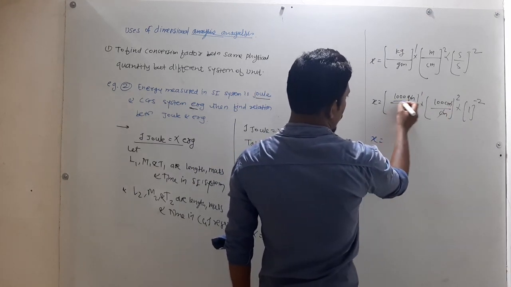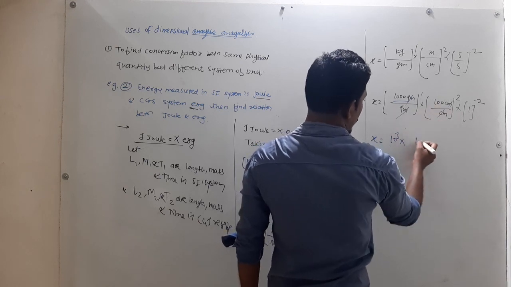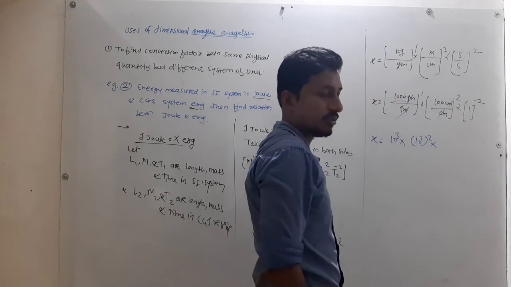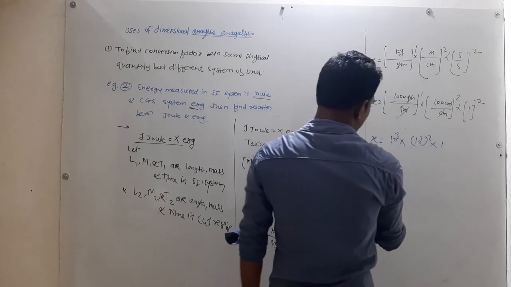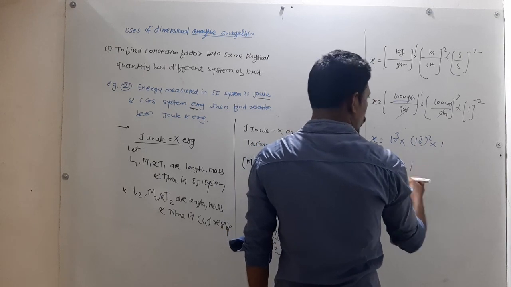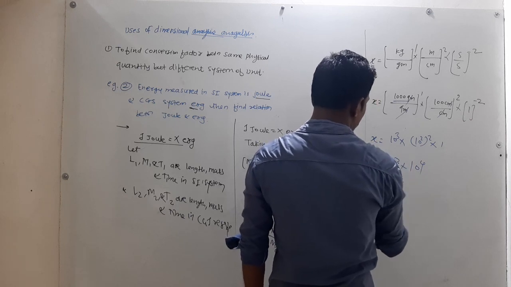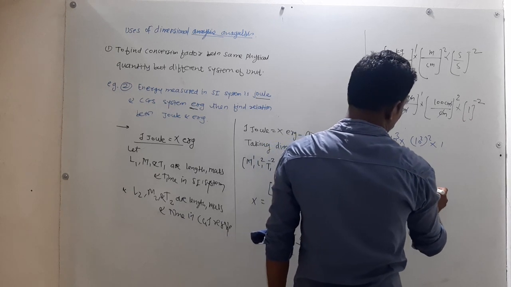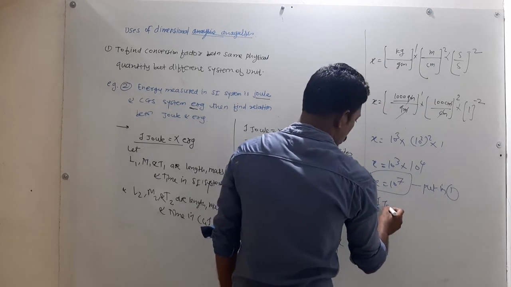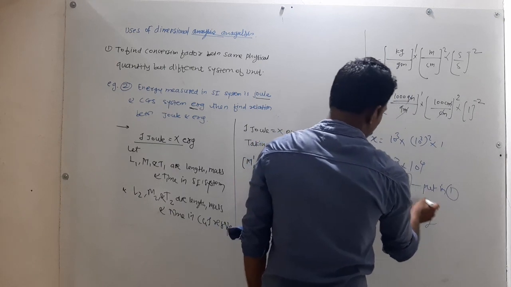X is equal to 1000, that is 10 raised to 3, into 100, that is 10 raised to 2, bracket square, into 1 raised to minus 2, this is 1. X is equal to 10 raised to 3 into 10 raised to 2 square, which is 10 raised to 7. Put in 1, that is 1 joule is equal to 10 raised to 7 erg.